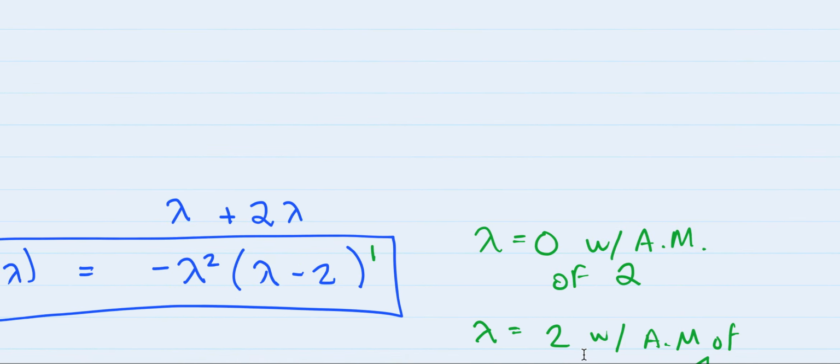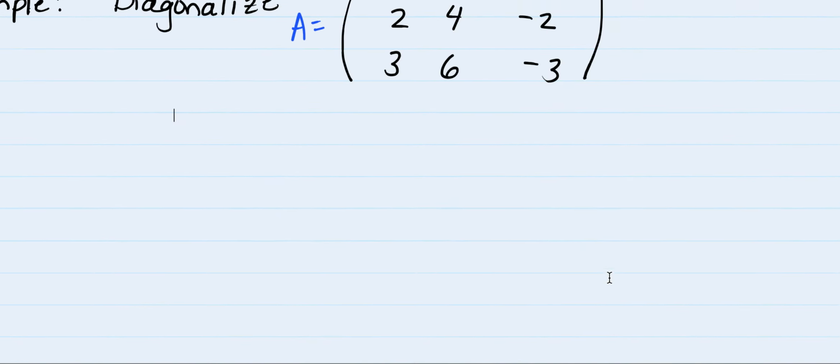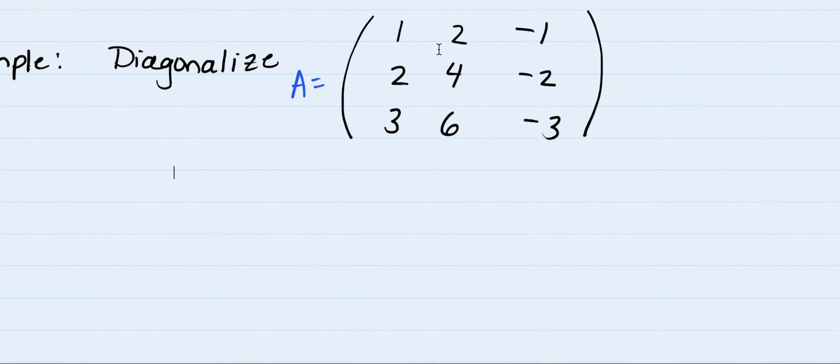They were 0 and 2. Let's find the 0 eigenspace. So I'm going to subtract 0 from the diagonal, which means I just leave this matrix as it is. So the 0 eigenspace is the null space of A minus 0 times the identity, or just the null space of A.